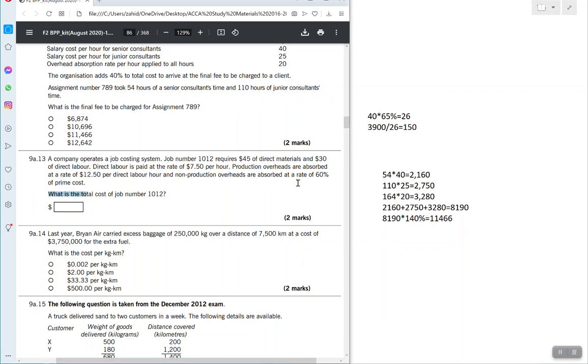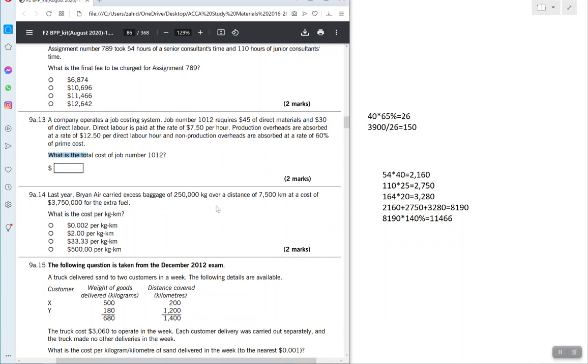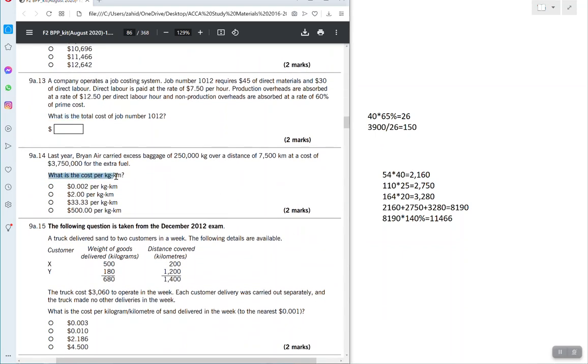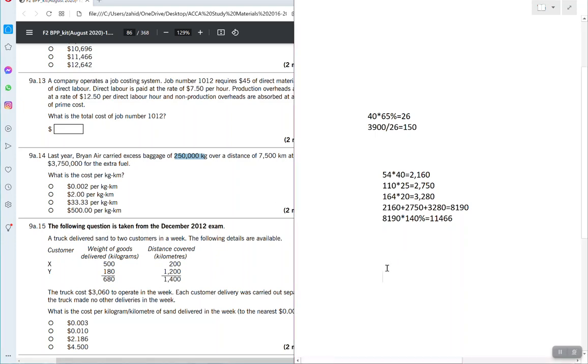Next, what is the total cost of the job? I think we did this one. Yeah, we did it. What is the cost per kilogram per kilometer? Last year, Brian Air carried excess baggage of 250 kg over a distance of 7,500 kilometers at a cost of 3.75 million. So what is the cost per kg per kilometer? First, we take the kgs multiplied by kilometers, which gives us kg-kilometers, and then take the cost of 3,750,000 divided by this figure.